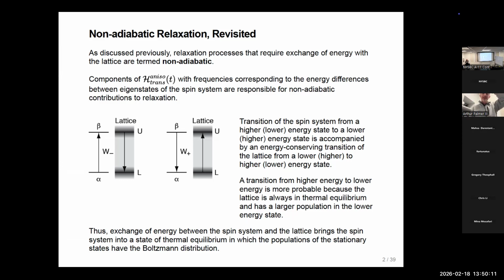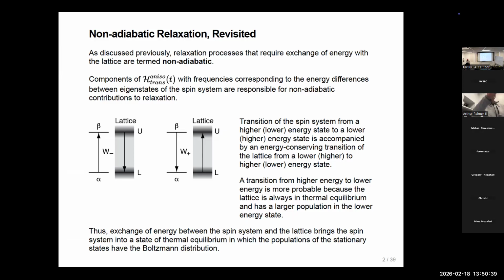And what was I going to say to answer the question? The answer is, in fact, the flips are happening all the time. So if we have the sample at Boltzmann equilibrium, it's not as if there's a fixed population of the beta state and a fixed population of the alpha state.